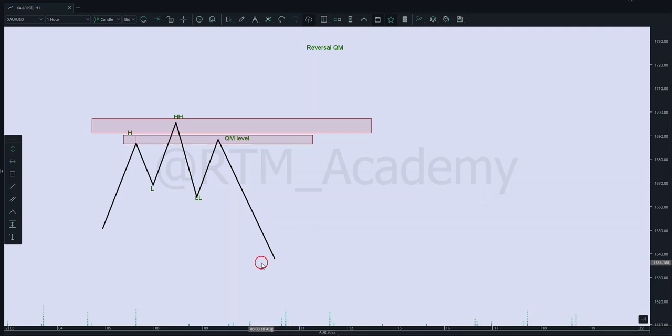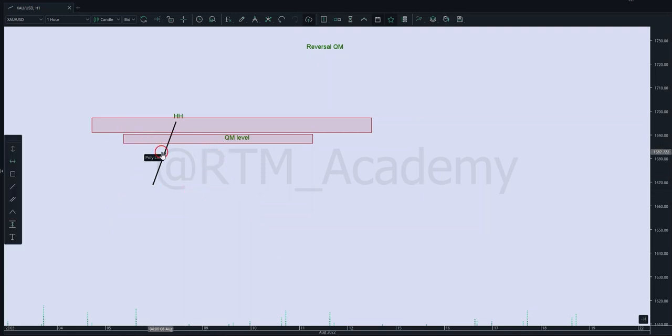Then we want to talk about the conditions of a good QM, and which QM is high probability for working and which one is not going to work, or we call them high risk. So let me erase this schematic and draw a new schematic chart for you.